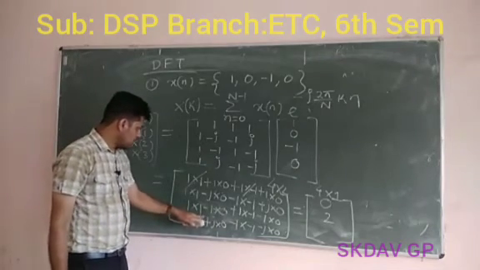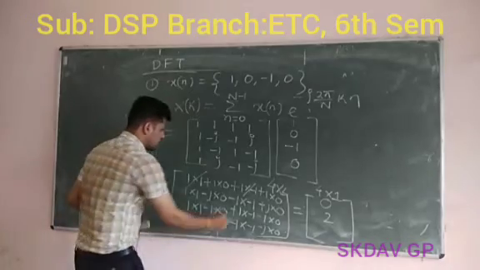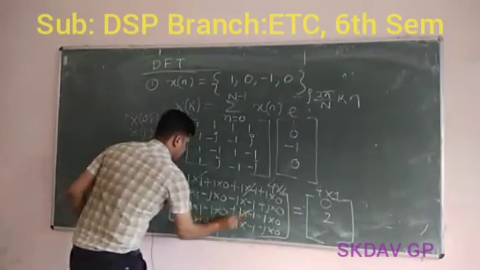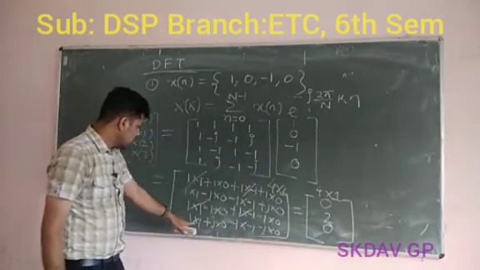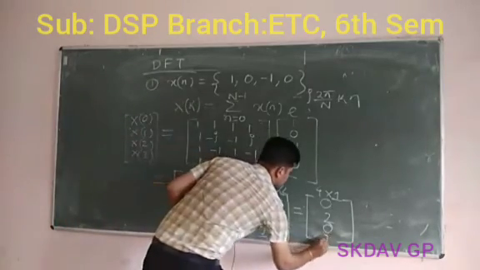The third: 1 into 1, then 1 into 0, 0, 1 into minus 1 and 1 into 1 cancel out, hence the value is 0. Then 1 into 1, minus 1 into minus 1, plus 1, which is 2.